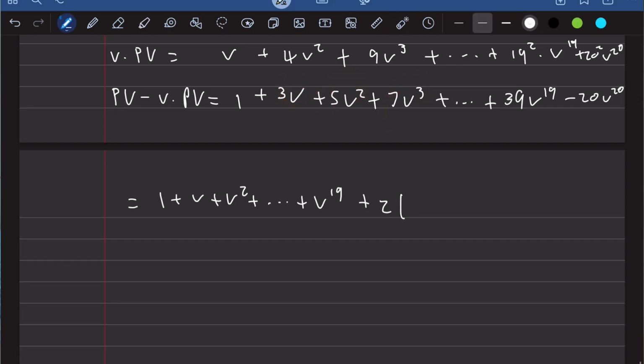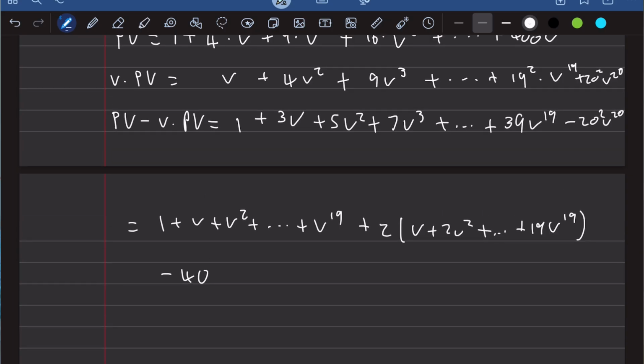If I factor out a 2, it's just going to be v plus 2v squared plus all the way up until plus 19v to the 19. And then at the end we still have our last term, which is, sorry, this is supposed to be 20 squared, minus 400v to the power of 20.